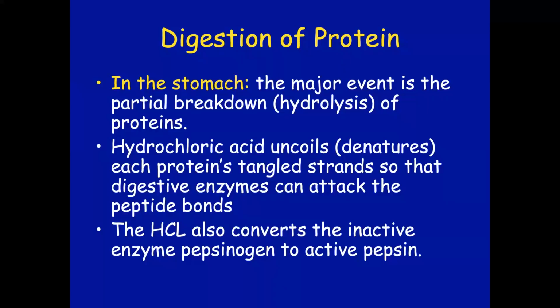In general, you want the inactive form to be hanging out in your stomach, because if it was the active form, you would actually be breaking down any proteins that are associated with your stomach, including the ones on cell walls. So it's important that pepsinogen is inactive until you actually need to digest proteins. And then the hydrochloric acid will convert it to pepsin.